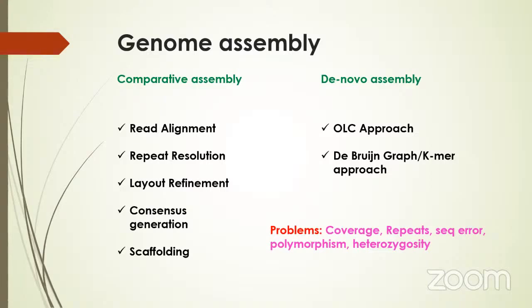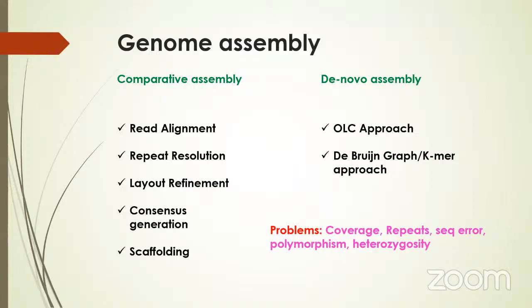Basically, a chromosome in genomics terminology is called a pseudomolecule until you have completed the fine sequencing, because there are so many gaps. You cannot call it a chromosome. When you remove the gaps after fine mapping, then you can call it a chromosome. So these are the basic terminologies and basic concepts of comparative assembly.